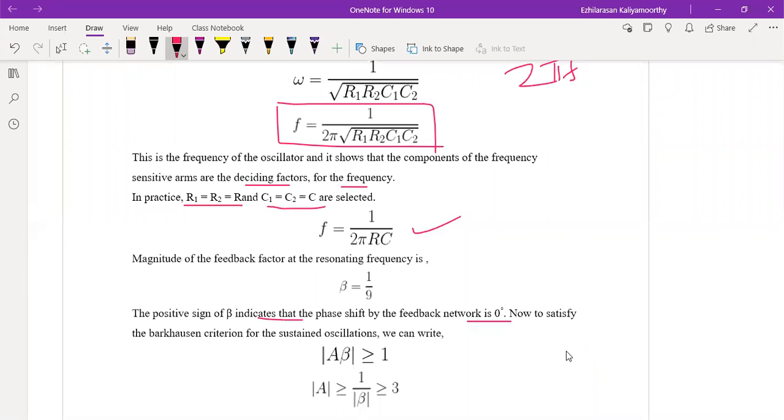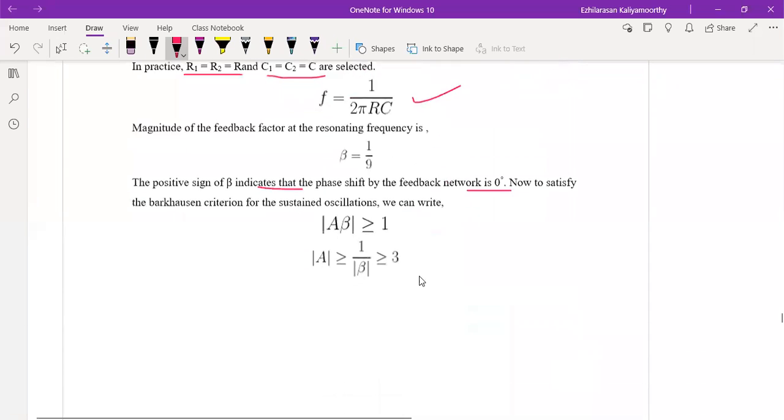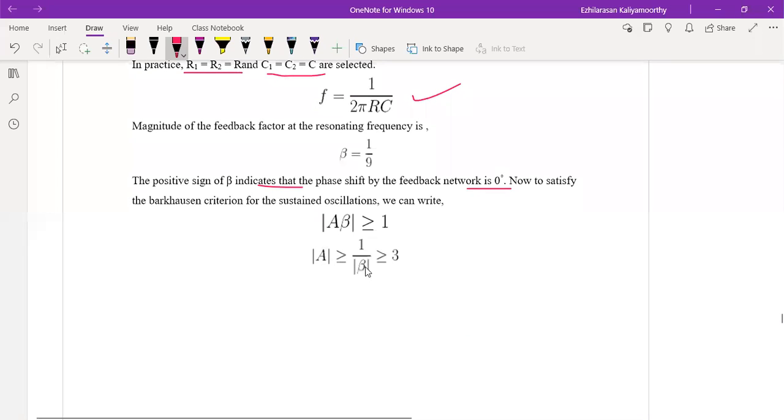So that is what we'll get. Now see, A should be greater than 1 by mod of beta. So the beta is nothing but how much? 1 by 9 actually. Then if we take the square root of 9, it becomes 3.